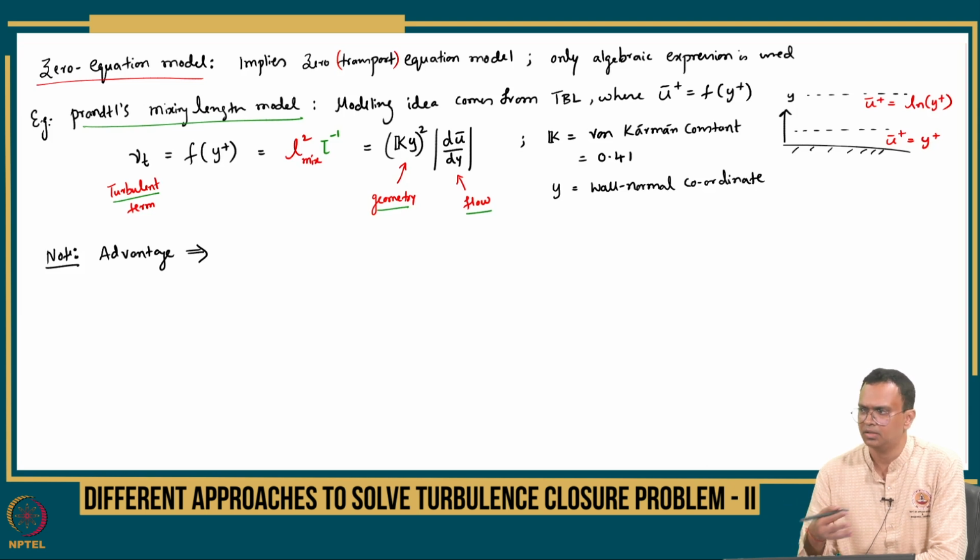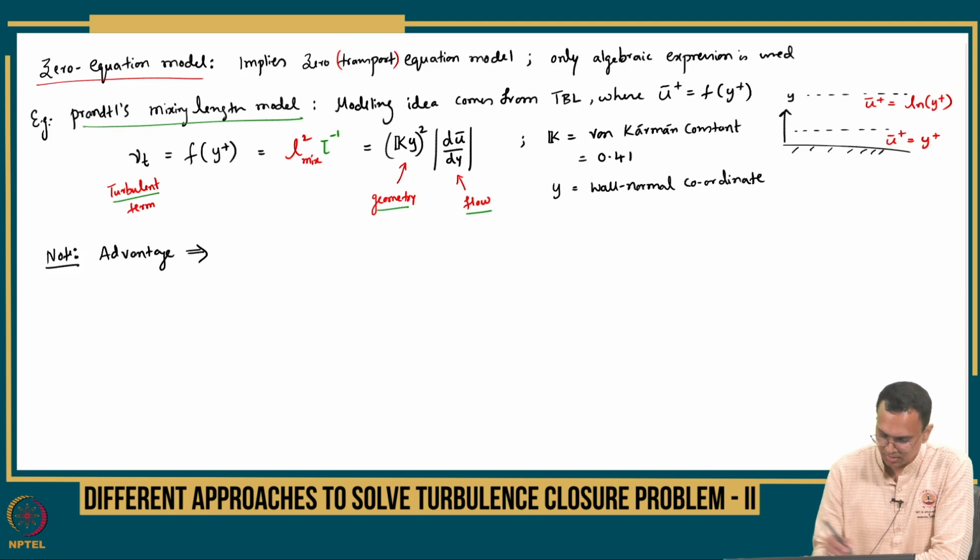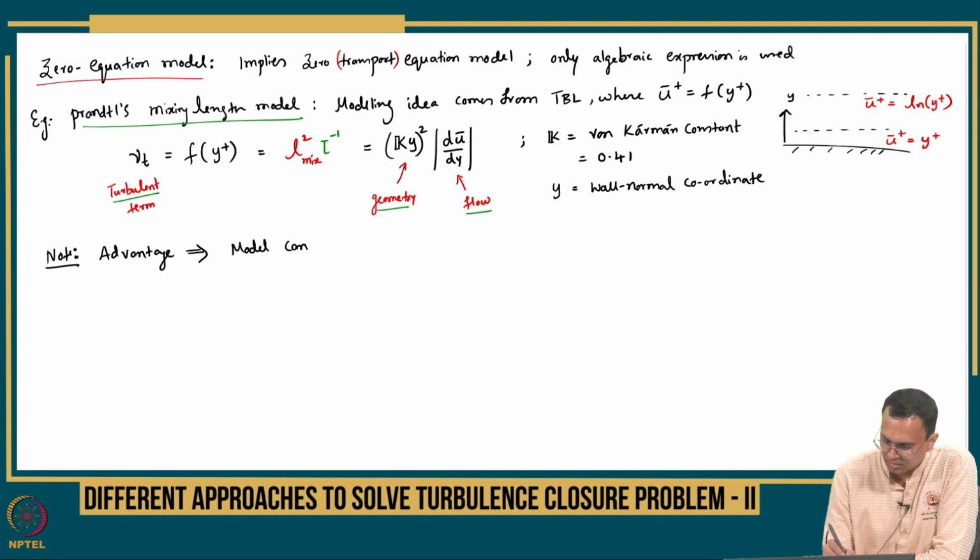Usually we don't put it as 0, we make a guess. If you have a field nu t, then you need to guess eddy viscosity, so you can use this formula to give an initial condition. The model can be useful to give initial conditions.